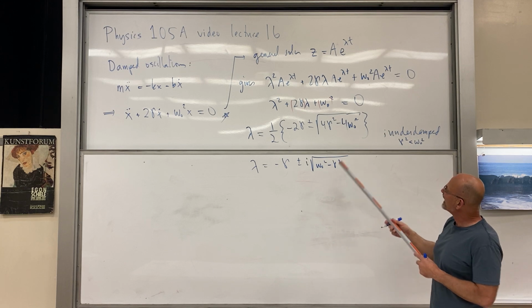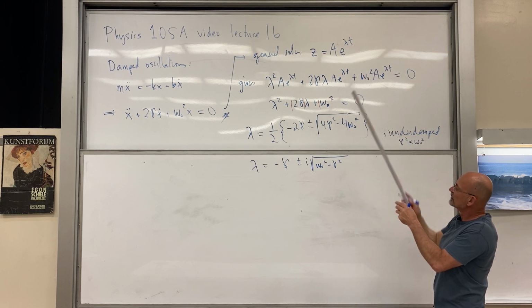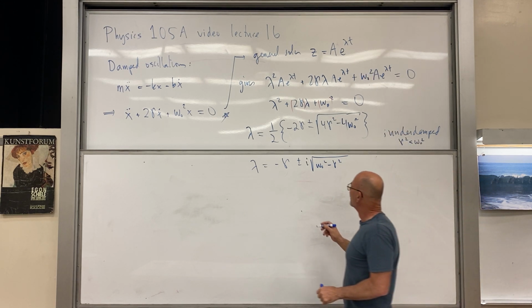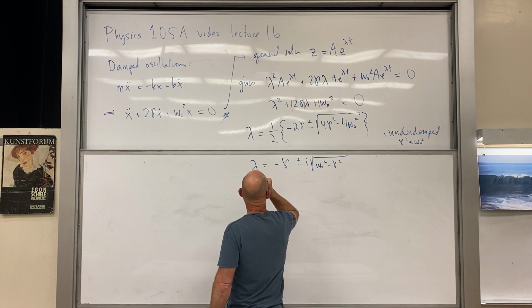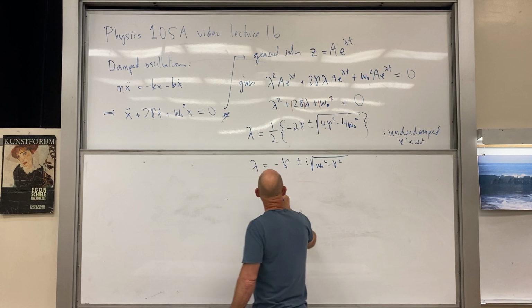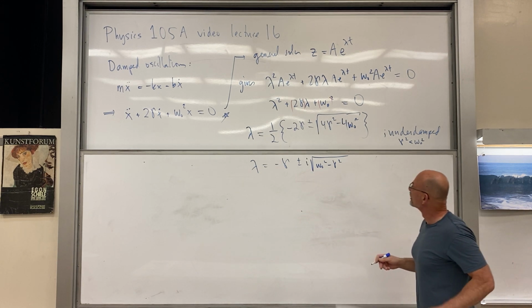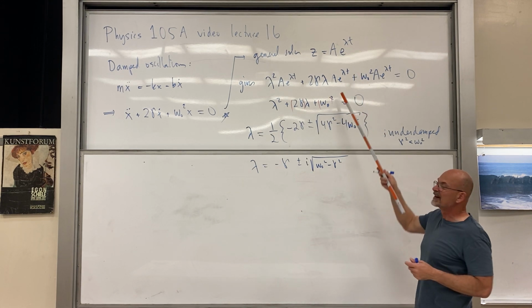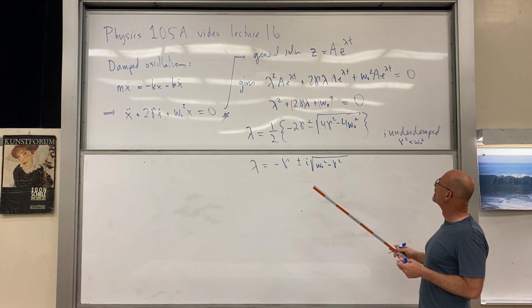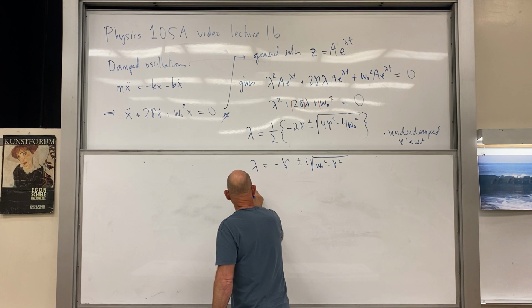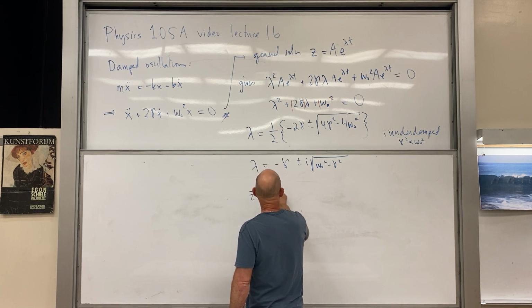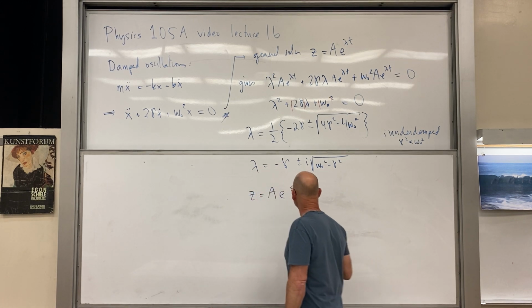And then we go back into our general solution here. I'm going to skip a step. We're going to go back into the general solution and take the real part. But let's go ahead and not skip a step. So let's see what we have here. We have z equals A e to the lambda times t.